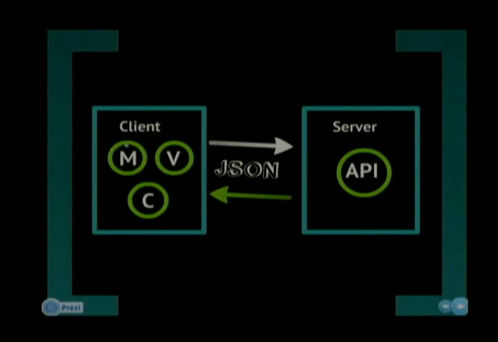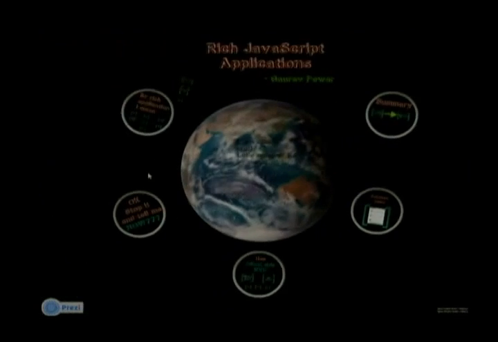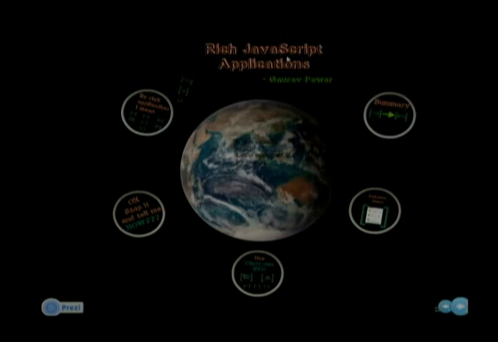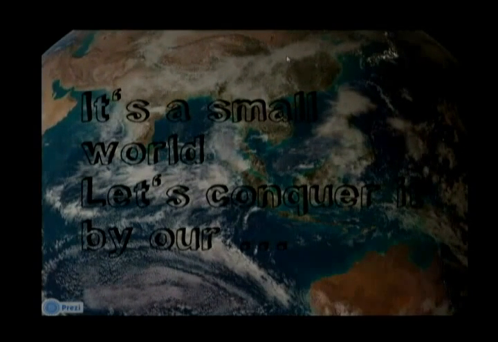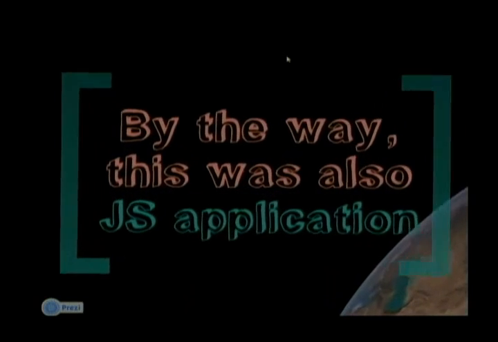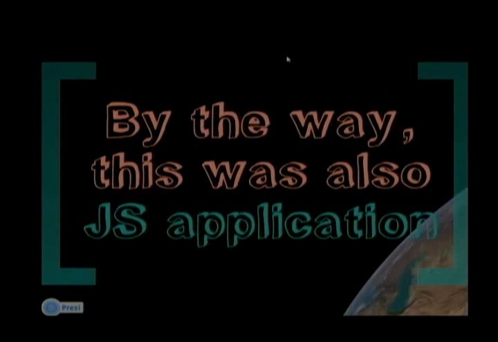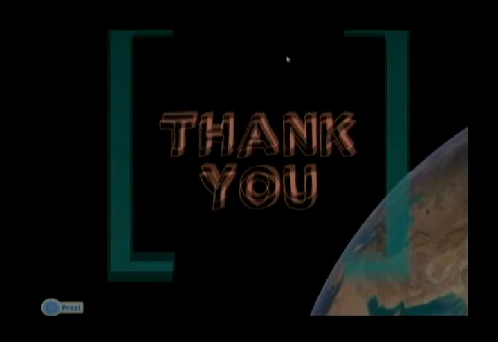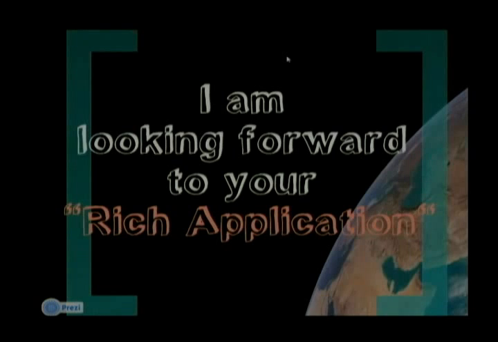The client handles that data and makes it a true application. See how easy it is to create real rich JavaScript applications. It's a small world. Let's conquer it with our rich JavaScript applications. By the way, this was also a JavaScript application. Thank you. I'm looking forward to your rich applications.